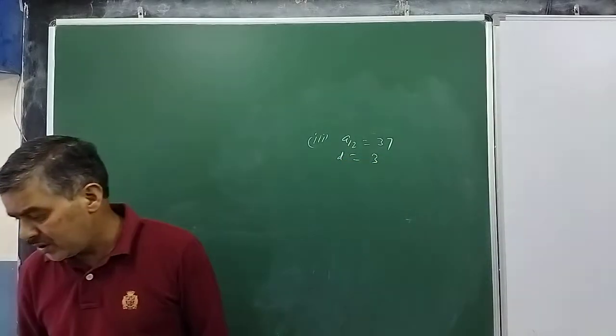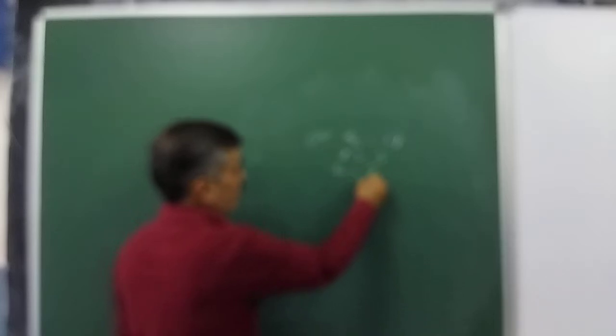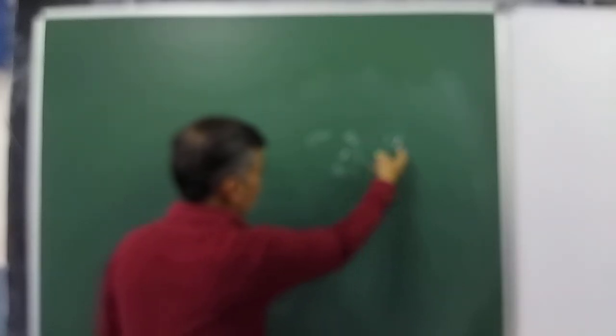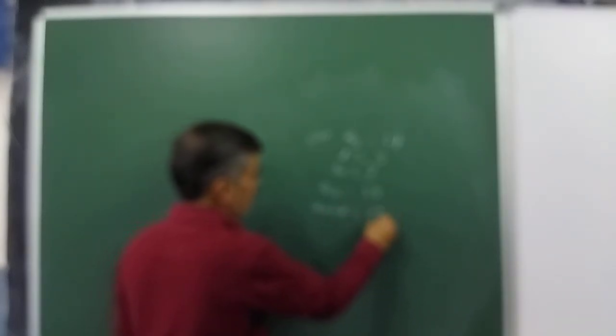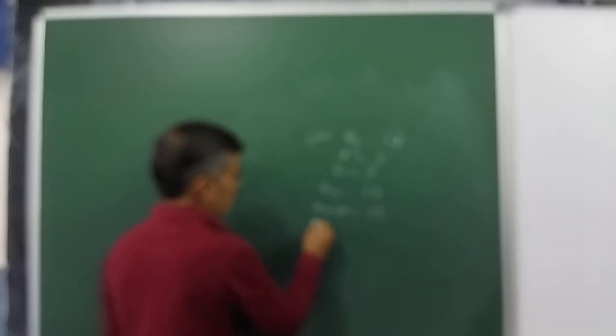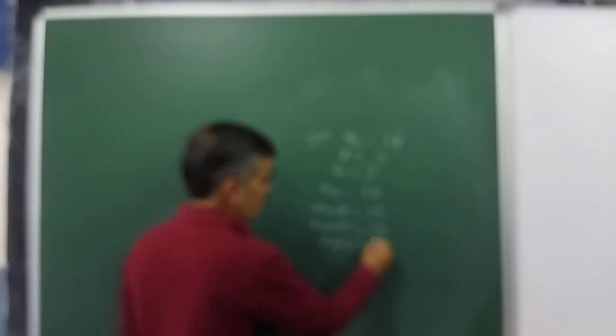I need to calculate S12, which means n is equal to 12. A12 is equal to 37, so I can say A plus 11D is equal to 37, D is equal to 3, so A plus 11 into 3 is equal to 37, A plus 33 is equal to 37, so therefore A is equal to 4.